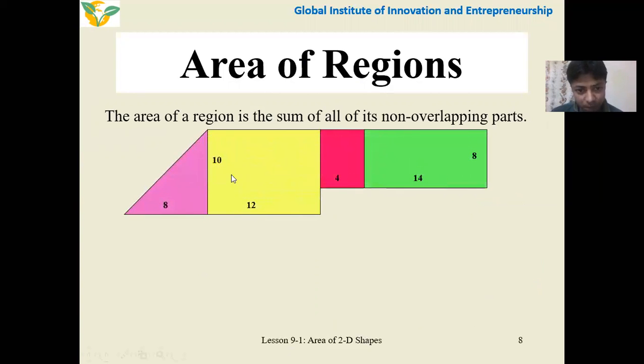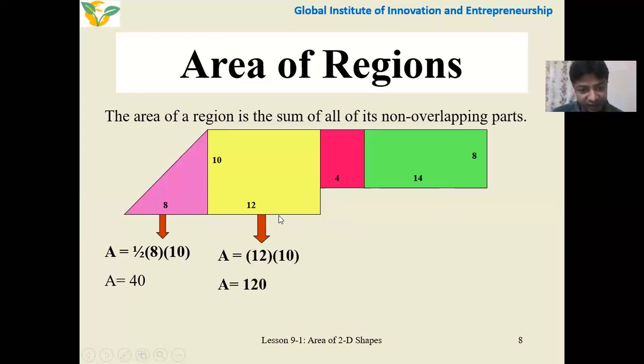Now suppose this is a composite structure and we have to calculate the area of the whole structure. So you have to break it into small figures for which you already know the area. This is a triangle, and you know the formula for the triangle, 1 by 2. This is base, this is height, you will get 40. This is a rectangle, you know the formula: length into width, length is 12 and width is 10.